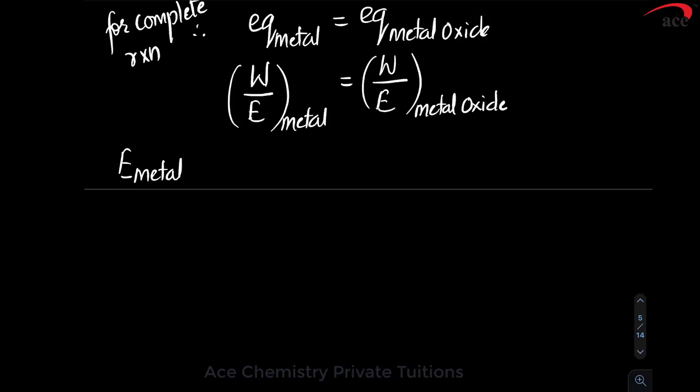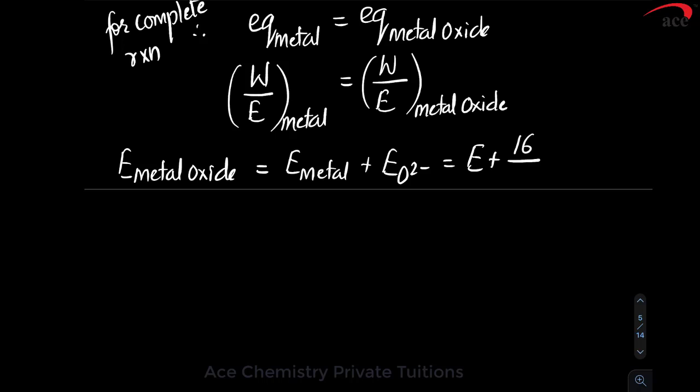Now what is the equivalent mass of metal oxide? Equivalent mass of metal oxide will be equivalent mass of metal plus equivalent mass of oxide. Let the equivalent mass of metal be E. Oxide is the oxygen mass upon the charge. Charge is 2, and if you calculate, it will come out to be E plus 8.